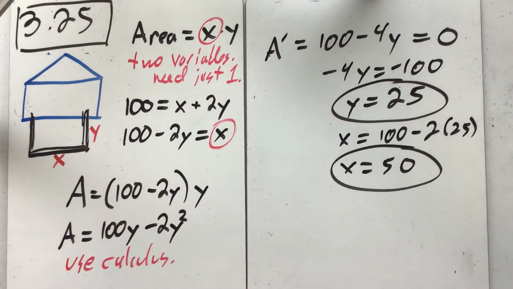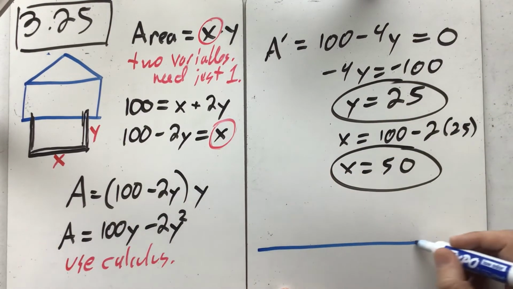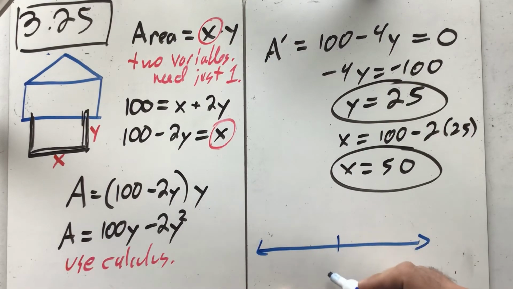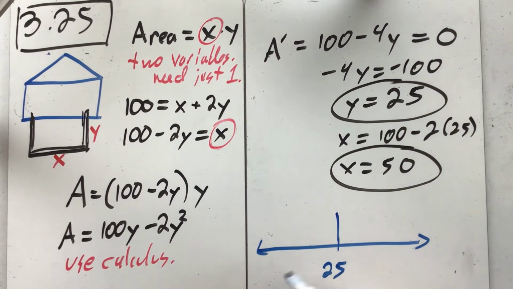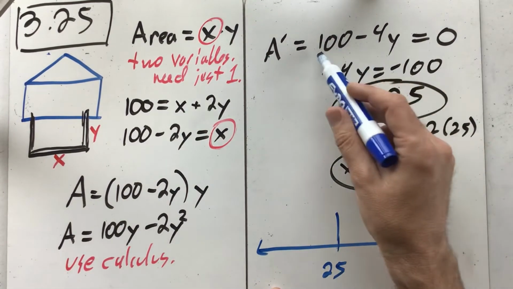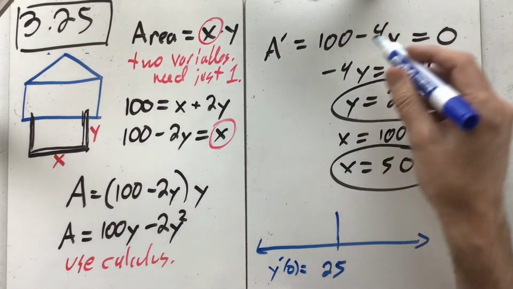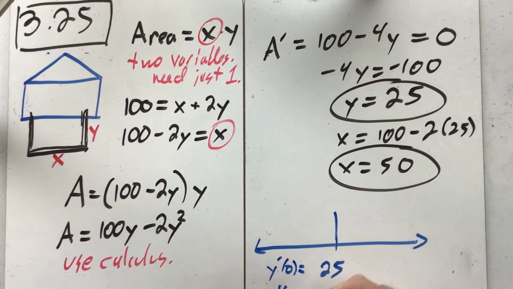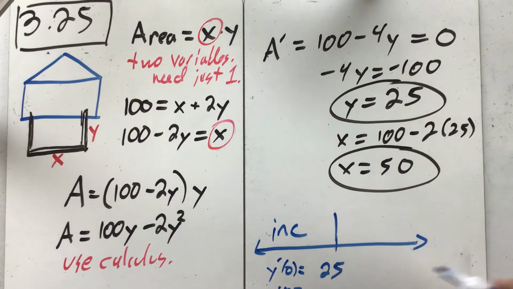Well, the reason why is, if you look at our picture, we know that if I have this 25 here, you can see that to the left of 25, if I were to put in, say, y prime of some number smaller than 25, so if I were to put in, say, y prime of 0, I would get 100. And so that means my function is increasing to the left of 25.